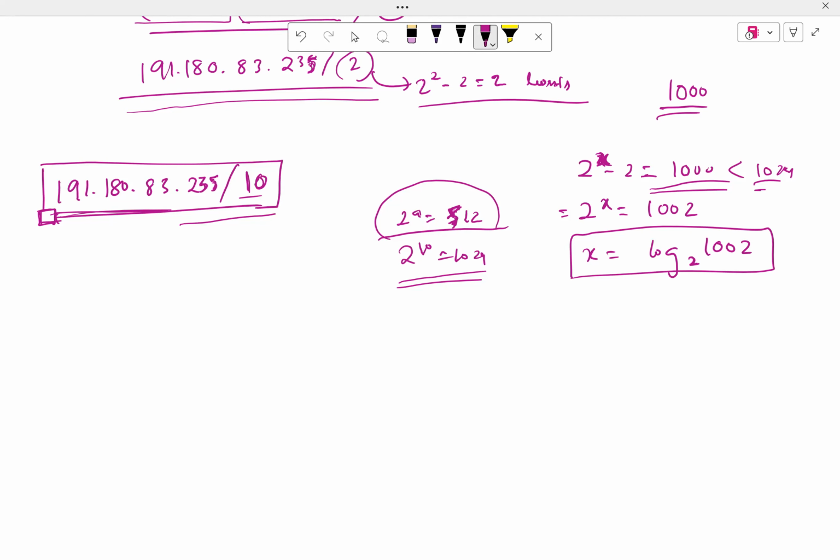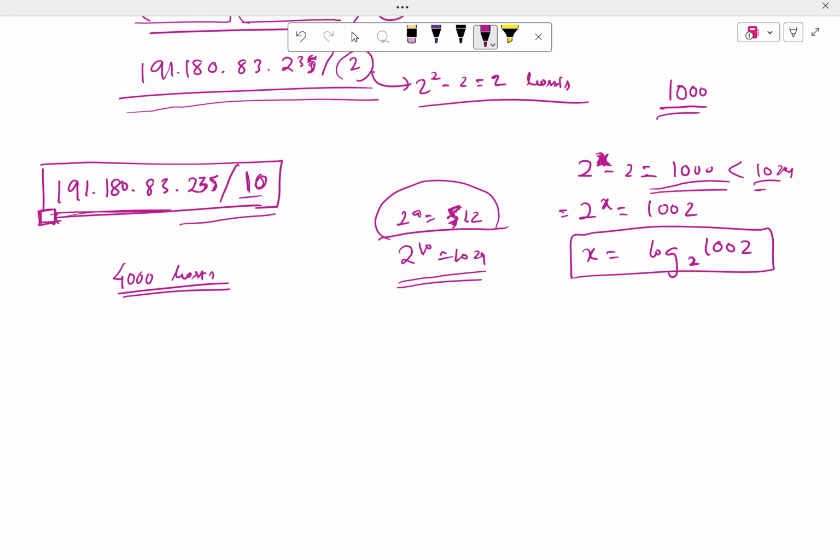In the CIDR notation, I'll show you what the network address and the host address are. Let's say you want to find the structure of the address that you need when you are accommodating 4,000 hosts.